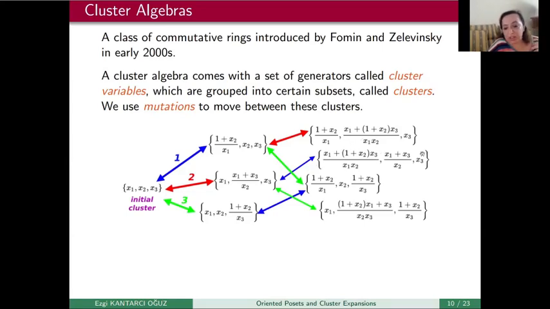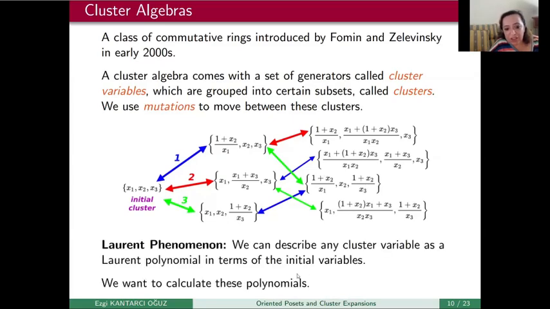And it could either be a finite or an infinite process depending on what you start with and your mutation rule. The entries that come up here are all the possible cluster variables, and these are the clusters. And you might notice that all these variables are polynomials divided by elements of the initial cluster.